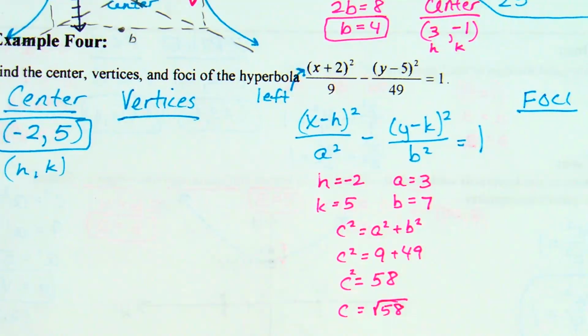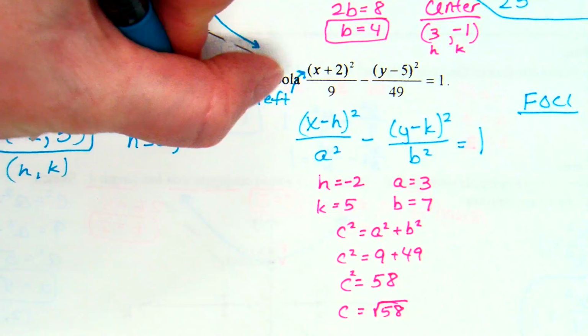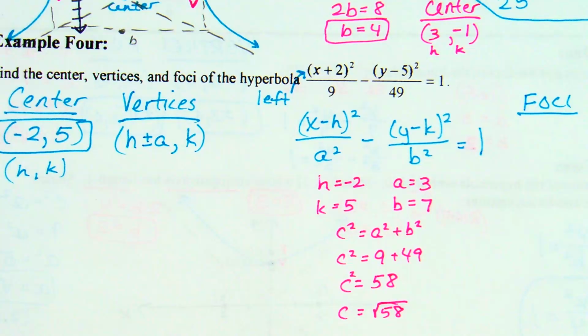I've got to find vertices and foci. What about vertices? Do I have a formula for vertices? H plus or minus A, comma K. Because we identified X as first, it's left column.